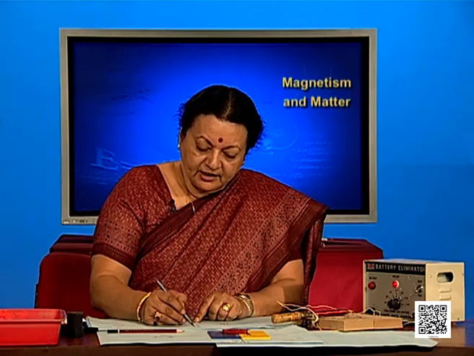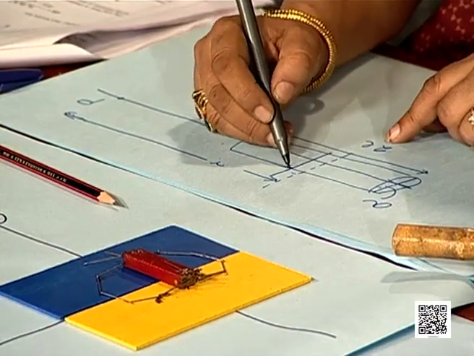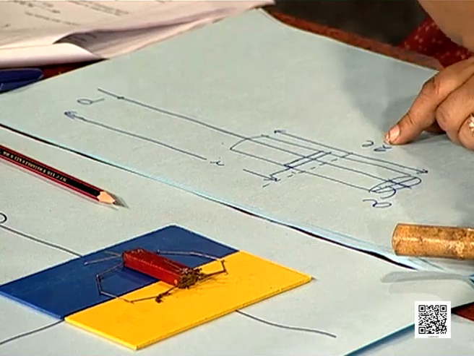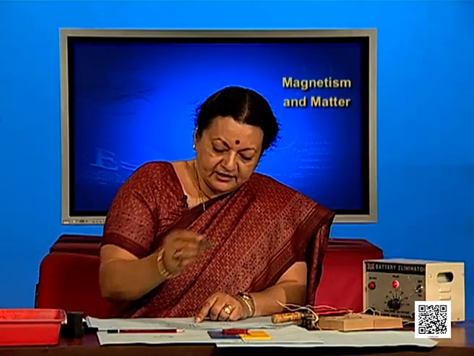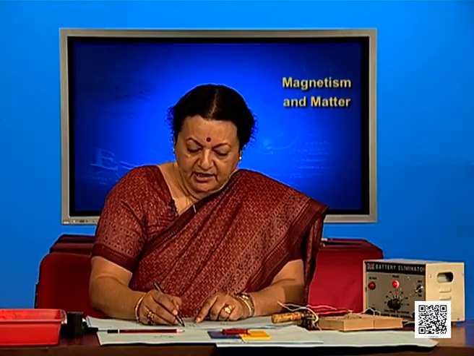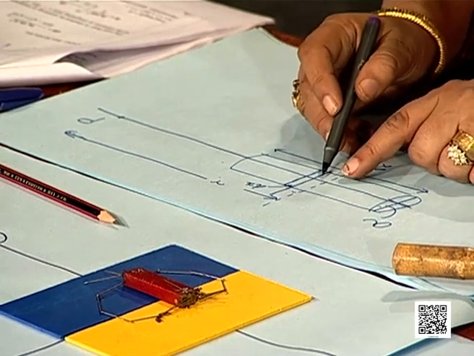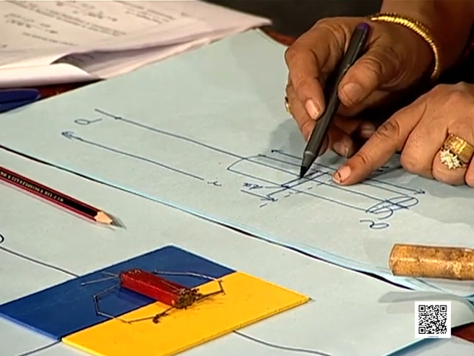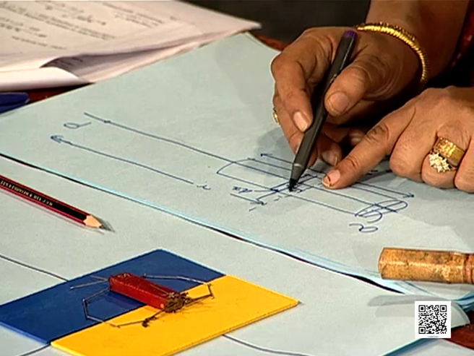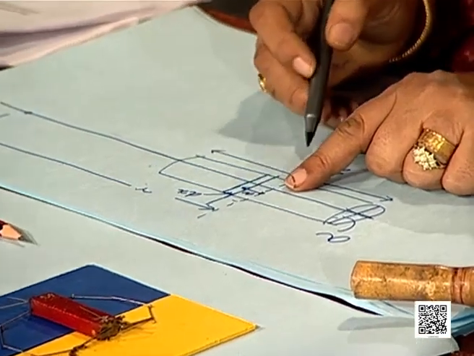Let us imagine a small element somewhere around here, which would be my dx, and say it is at a distance of x from the center of the solenoid.